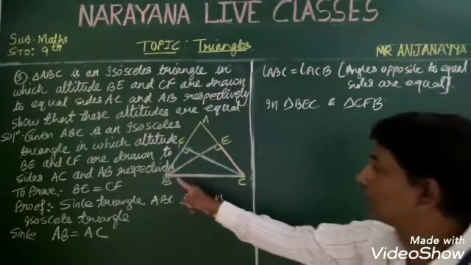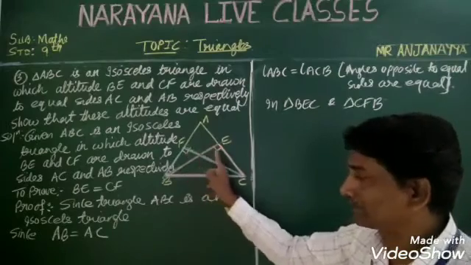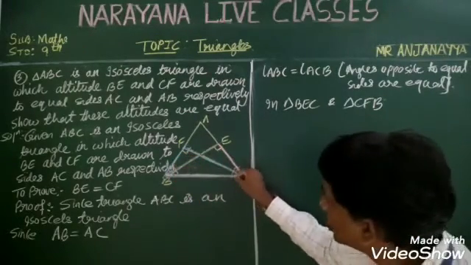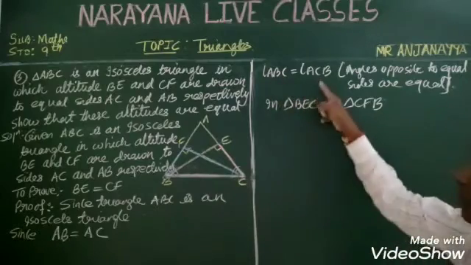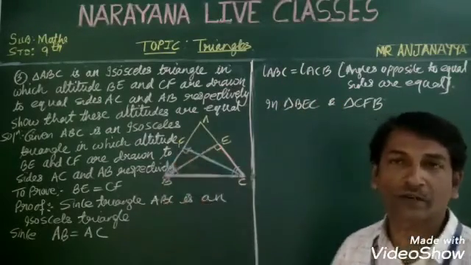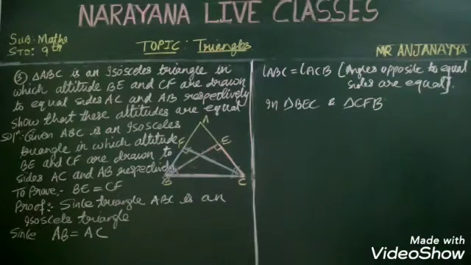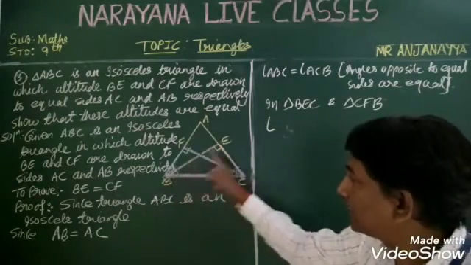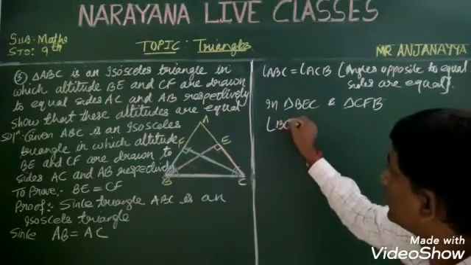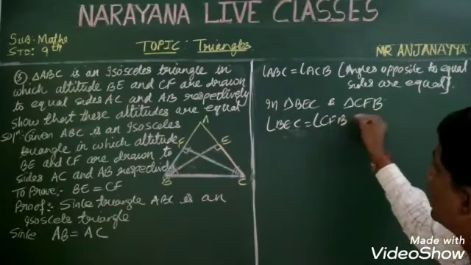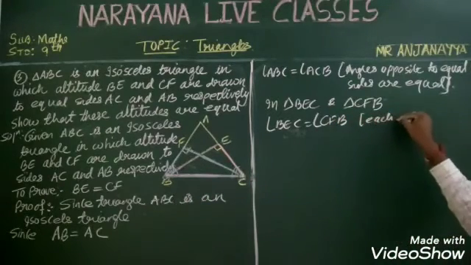In both, I know that each is 90, and this is an angle we proved just now, ABC congruent to ACB, and this is a common side. Therefore, these two triangles are congruent by AAS test. That is, angle BEC is equal to angle CFB. I'll say each is 90 degrees.